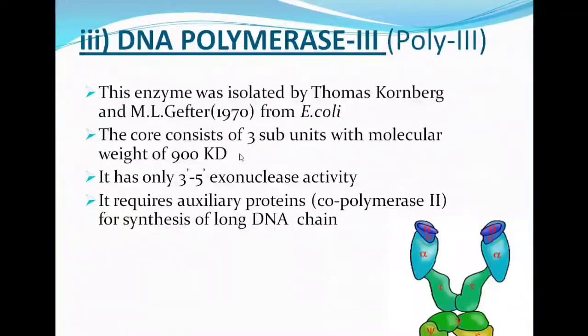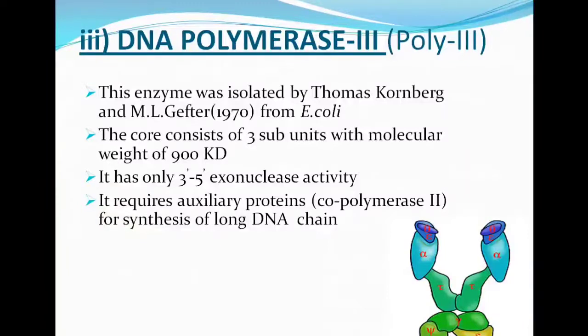So the core consists of three subunits with a molecular weight of 900 kilodaltons. The main character or activity of this polymerase is that it has only 3 to 5 dash exonuclease activity. And it requires auxiliary proteins for synthesis of long DNA chain.